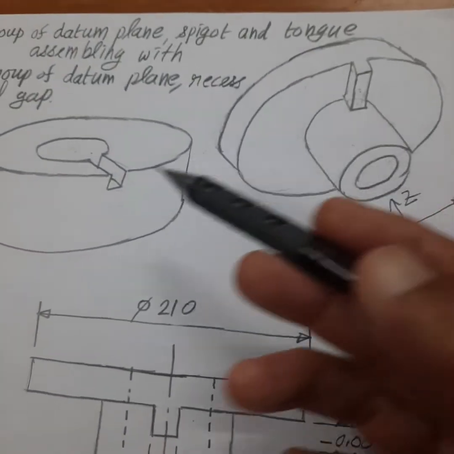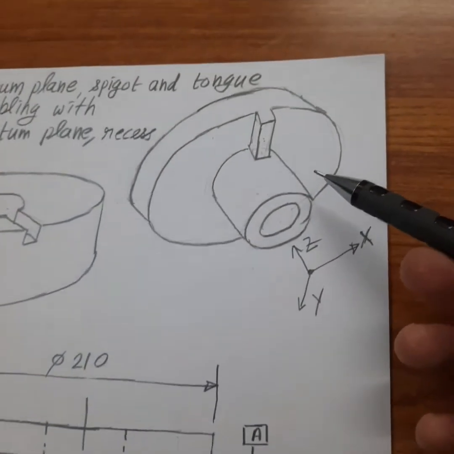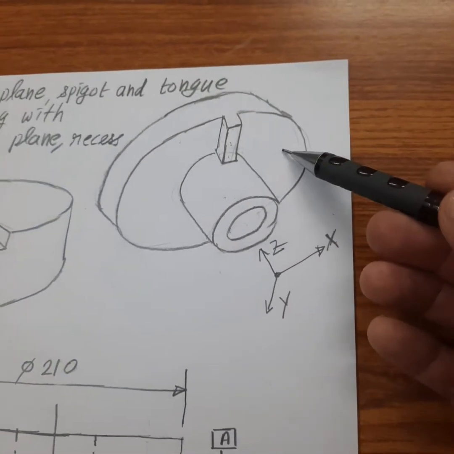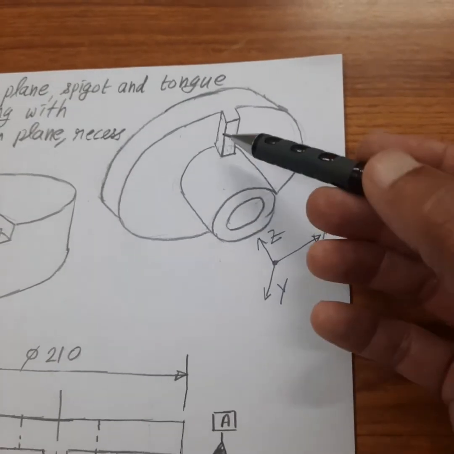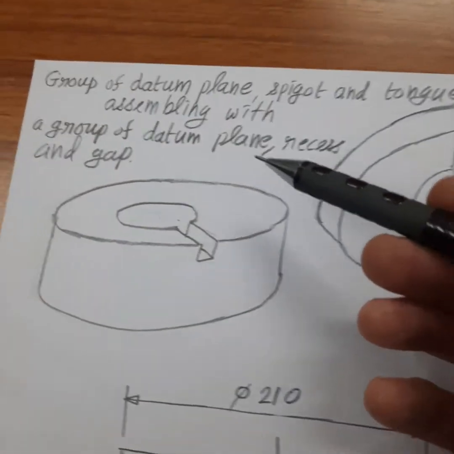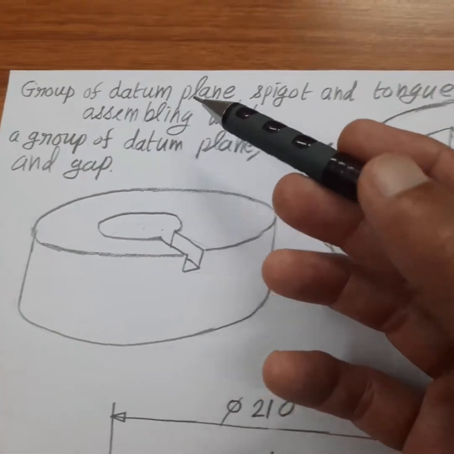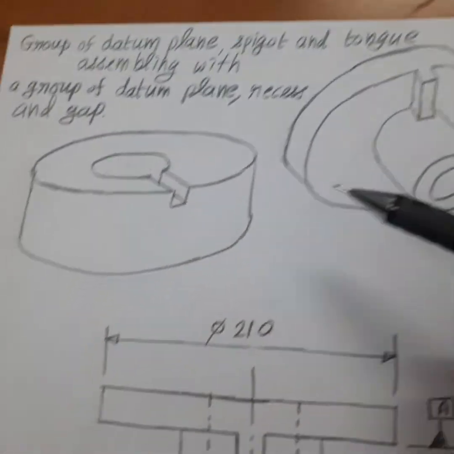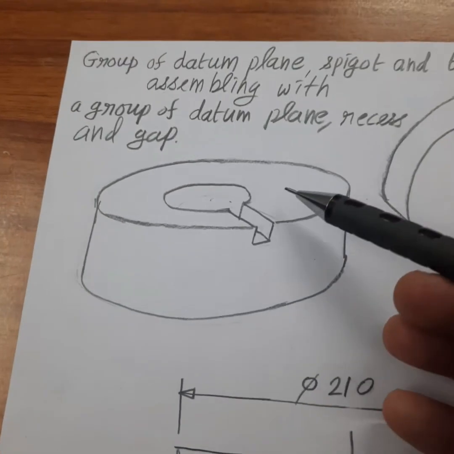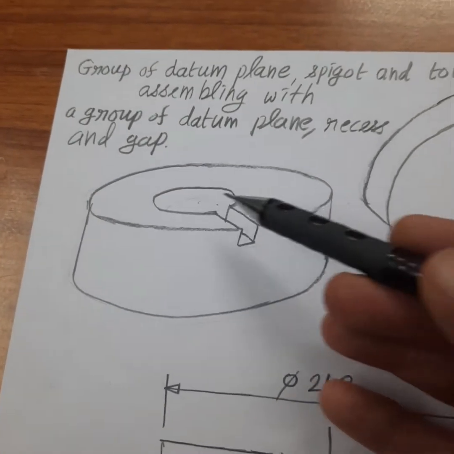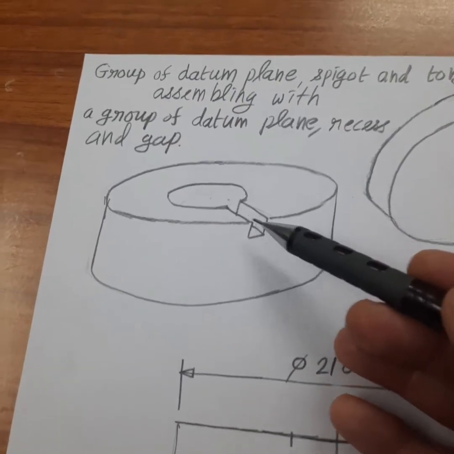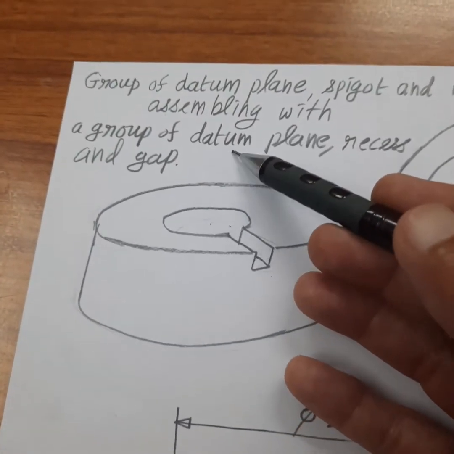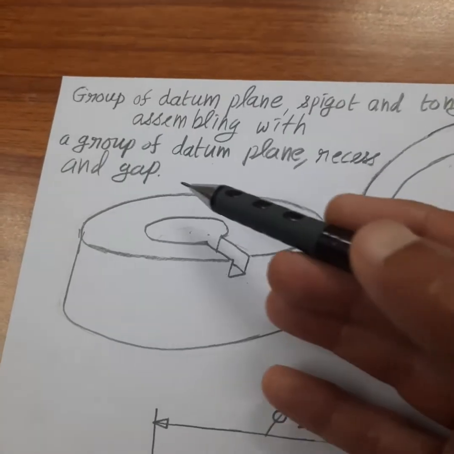If you look at these two diagrams, on one component we have a datum plane, spigot and a tongue. In another member we have a datum plane, recess and gap.